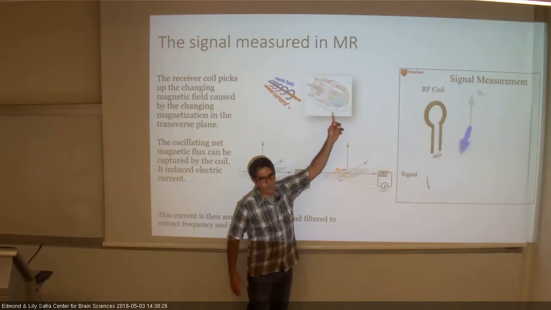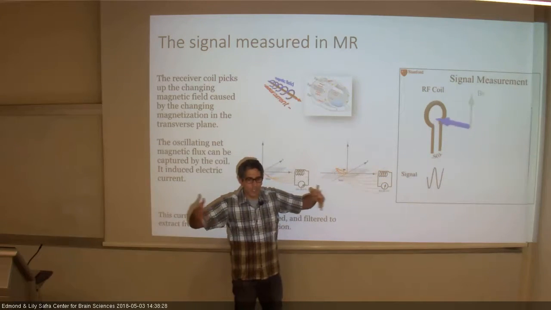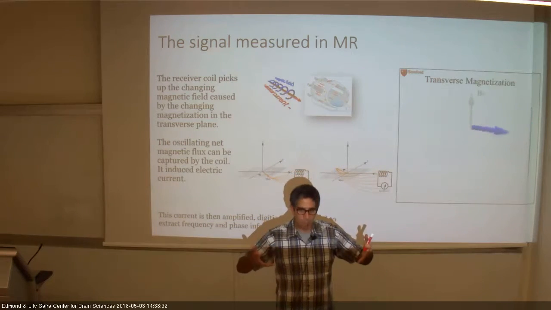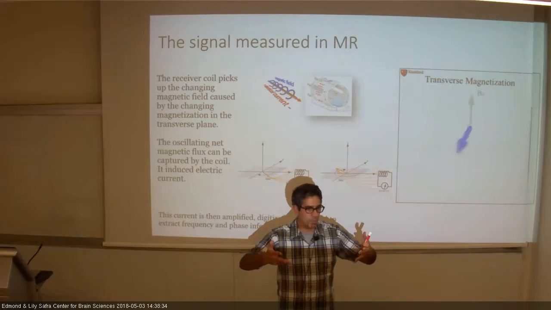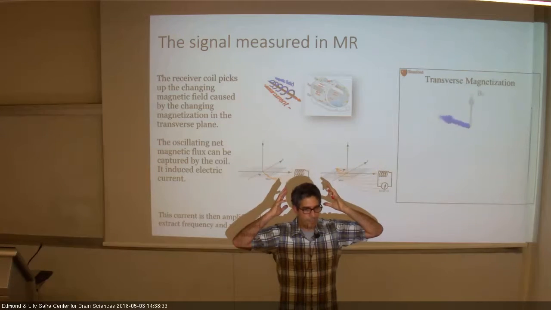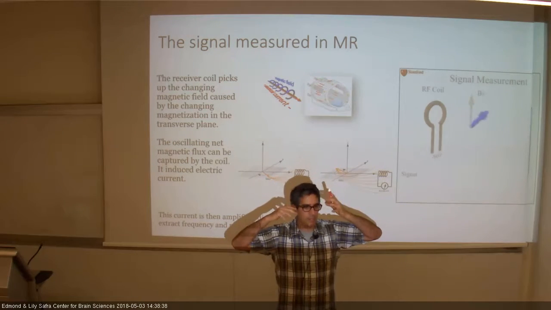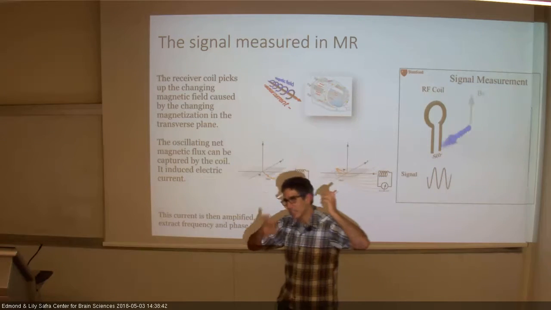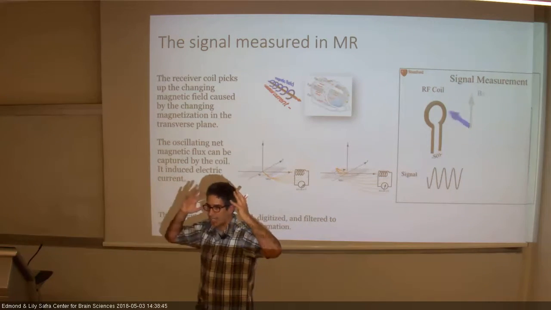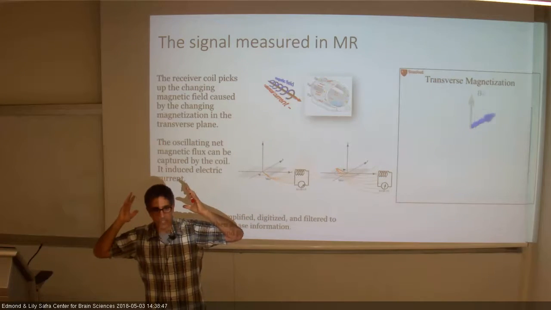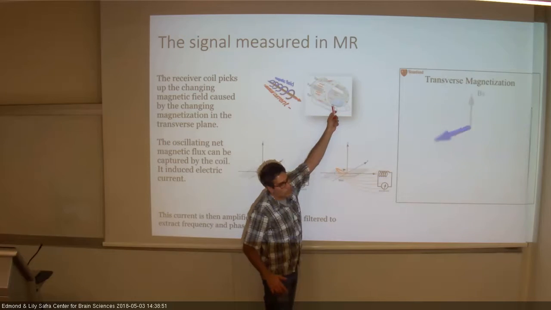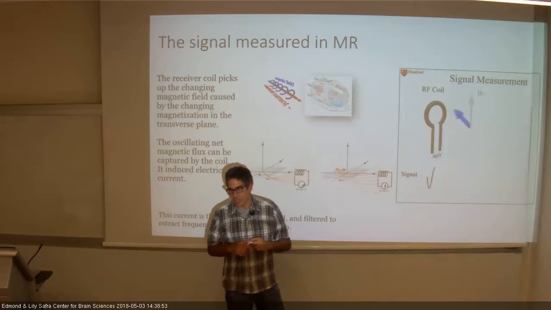Besides having the machine that does the excitation, called the body coil or the excite coil, something that creates the RF frequency, there is something that measures the electric current emitted outside of our brain from this magnetic vector that moves. We typically lie with our head inside a receiver.